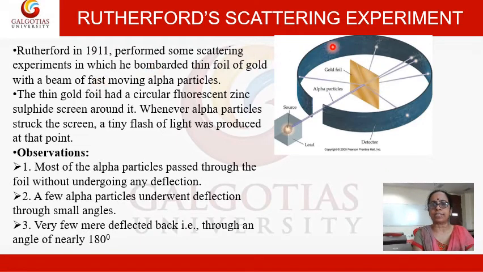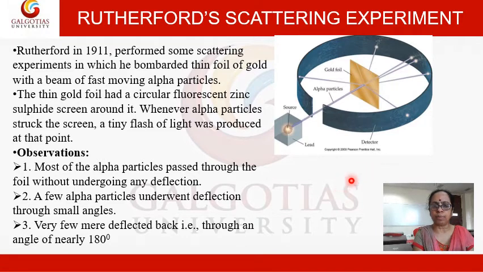Now Rutherford scattering experiment. Rutherford in 1911 performed scattering experiments in which he bombarded a thin foil of gold with a beam of fast moving alpha particles. The thin gold foil has a circular fluorescent zinc sulfide screen around it.